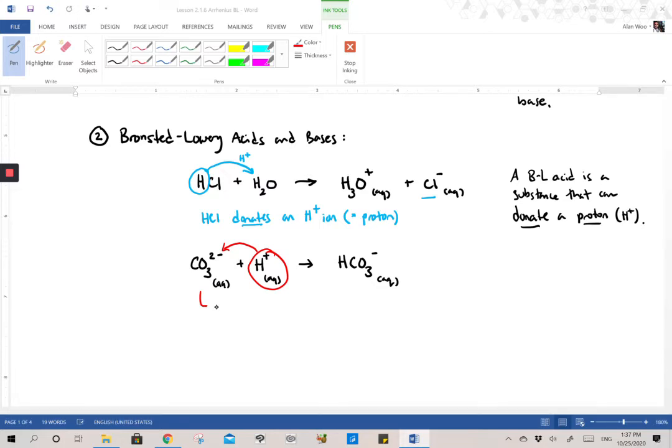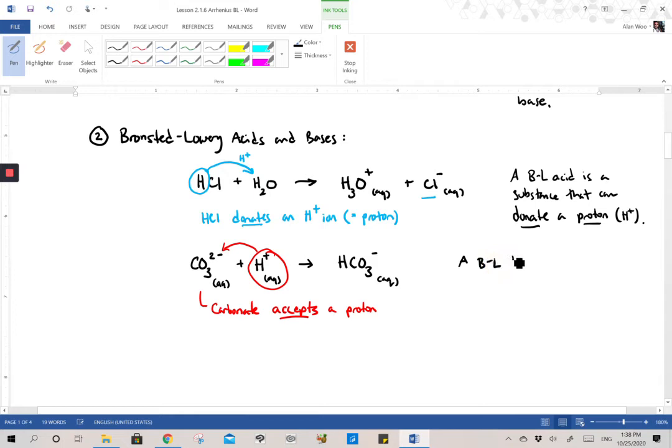So carbonate accepts a proton. So anytime you see a substance accepting a proton, it's considered to be a Bronsted-Lowry base.